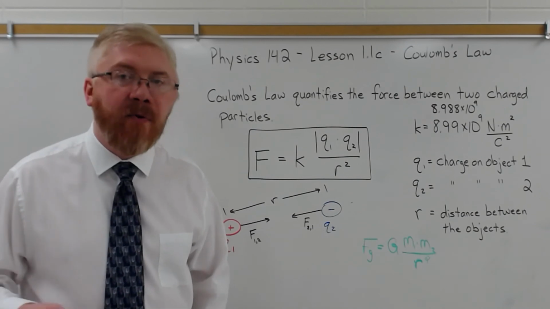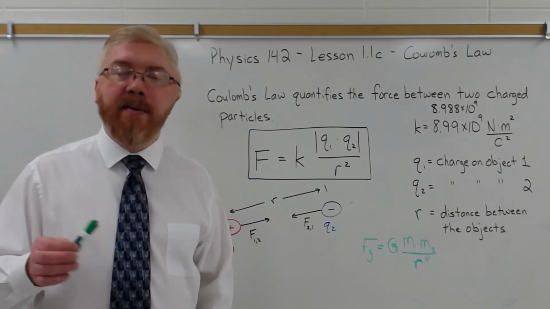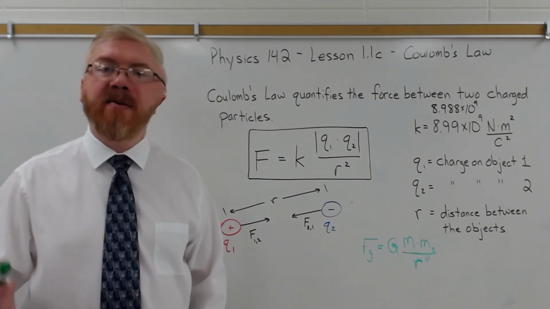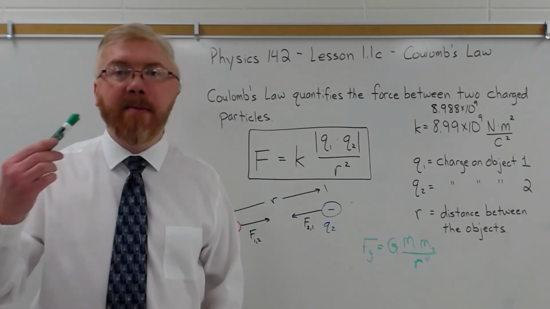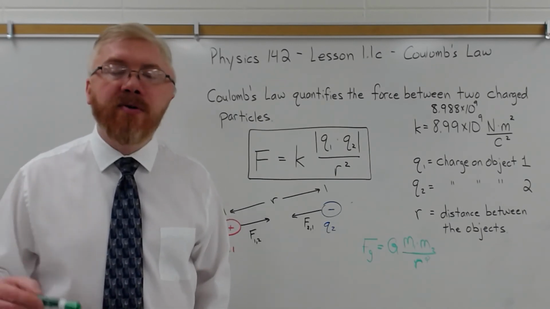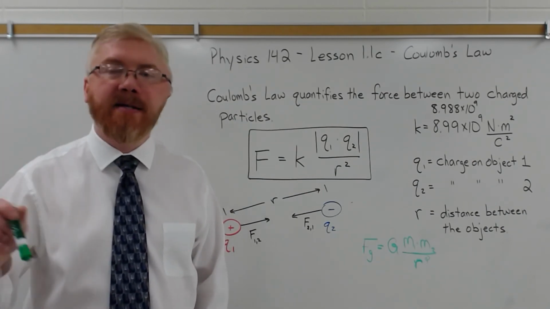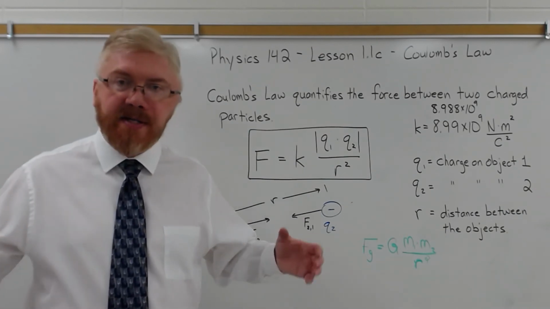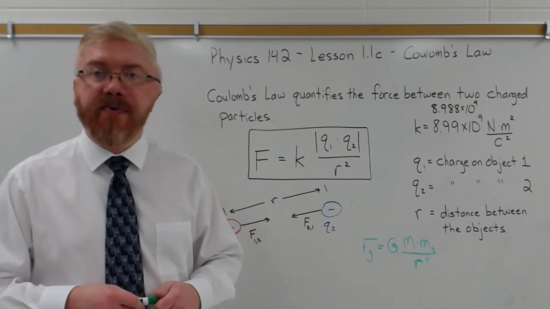What is the net force on charged object 1? Well, that depends on the force on object 1 from object 2, plus the force on object 1 from object 3, plus the force on object 1 from object 4, plus the force on object 1 from object 5. You would add those vectorially. Just like if you have multiple objects all pulling gravitationally on one another, you have to calculate the individual forces and then add them up vectorially to get the net force of gravity on the object.